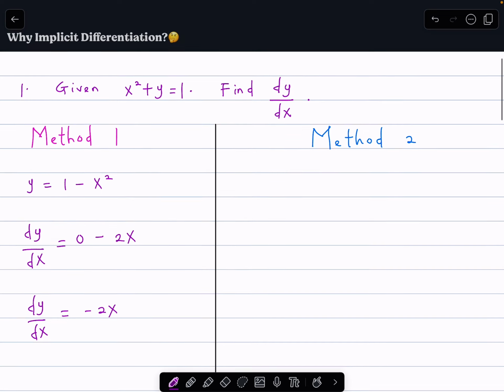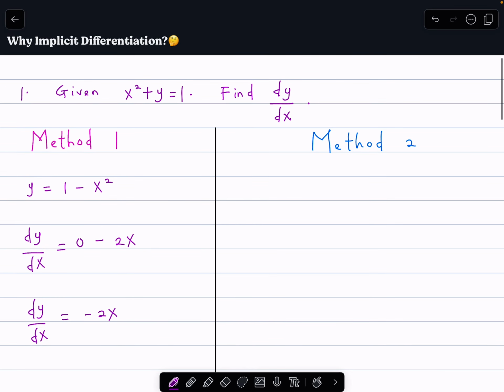Now let's use the method of implicit differentiation. I will take d/dx of each term. So I have d/dx of x squared, d/dx of y, and d/dx of 1.